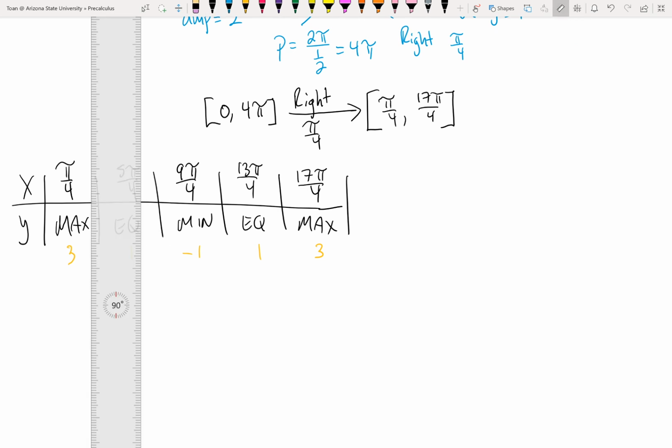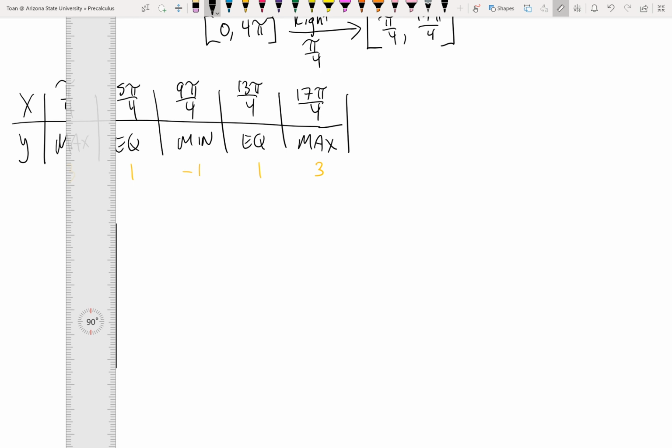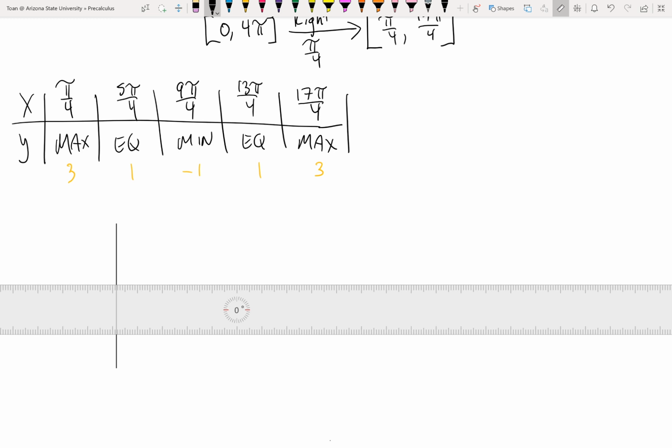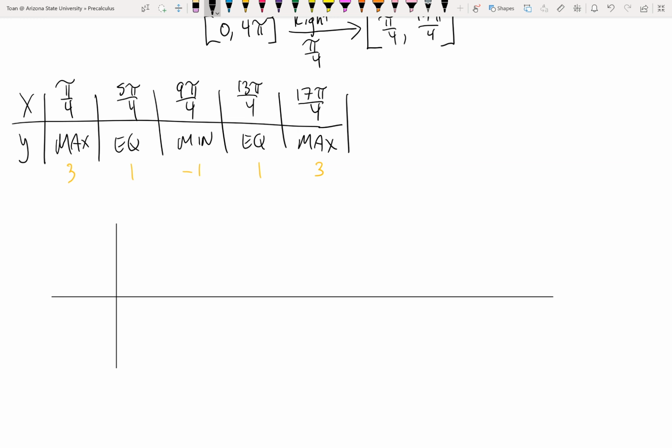Actually physically make your chart here. So we'll go ahead and make a trig chart. I just need positive x's and a decent amount of positive y's as well. So I'll do something slightly above here. And I'm just going to be approximating. Let's call that pi fourths, 5 pi fourths, 9 pi fourths, 13 pi fourths.